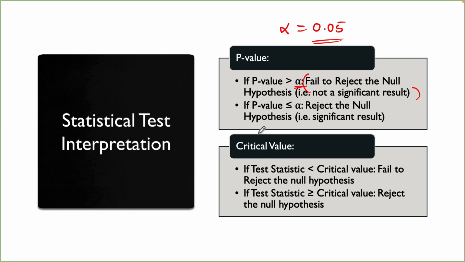And with the help of the critical value, the way that we are going to use it during the hypothesis testing is, we are going to check the test statistic. If the test statistic is less than the critical value, then we fail to reject the null hypothesis. If the test statistic is greater than or equal to the critical value, then we are going to reject the null hypothesis. So this is how we are going to interpret the statistical test. We calculate both p-value and critical value based on the same data. So we are going to either reject the null hypothesis or retain the null hypothesis.